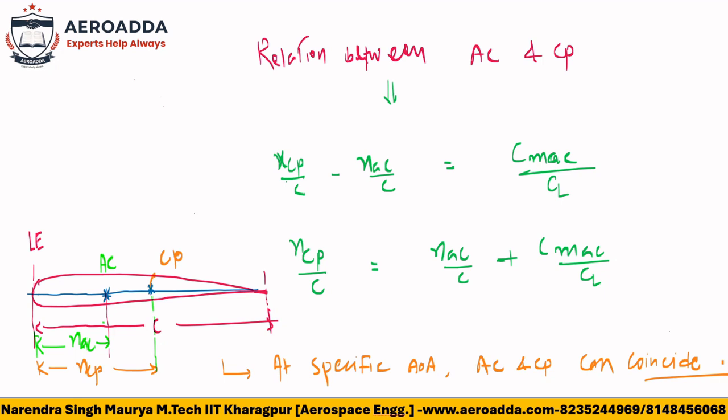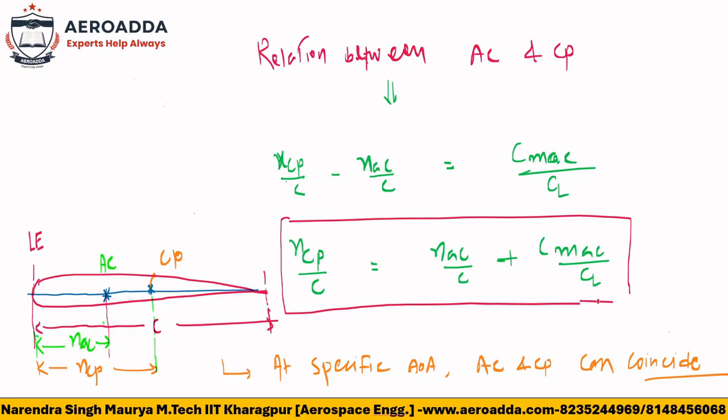All right. So from my side, the whole analysis related to the aerodynamic center and center of pressure is done. Remember this formula, because sometimes a question will be asked. The location of the center of pressure, aerodynamic center, moment about the aerodynamic center and lift coefficient will be given, everything will be known, only the formula. If you don't know it, you will not be able to calculate. And this derivation is very easy.